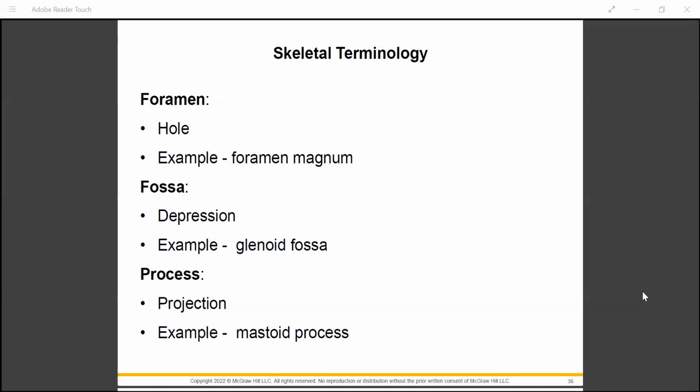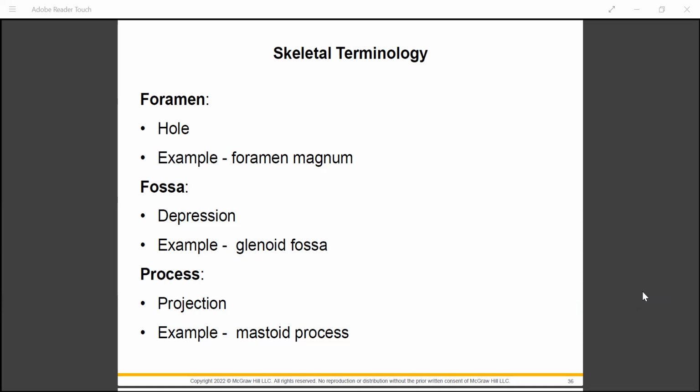The example we use here is the foramen magnum, which we'll see in a few slides, because that is the opening for our brainstem as it turns into our spinal cord exiting the skull. The term fossa is for a depression. Our glenoid fossa is a depression in our pectoral girdle where our humerus fits to create our shoulder.